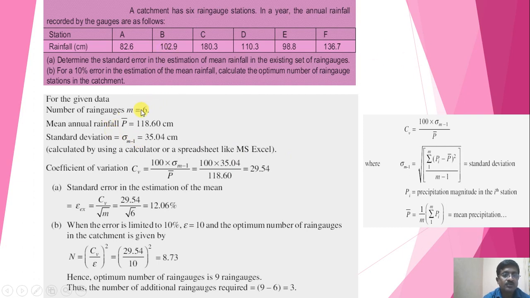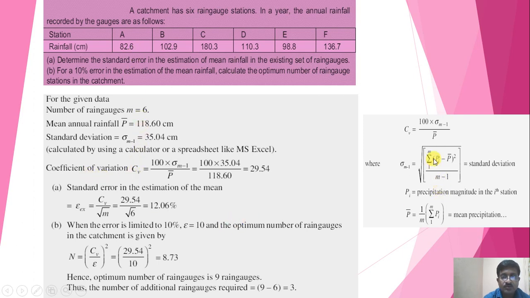Now for this given data, the number of rain gauges is 6, m is equal to 6. Mean annual rainfall p̄ is calculated from the calculator as 118.6. Then, using this formula, the standard deviation σ(m−1) is calculated as 35.04 centimeters. As you can directly calculate using the statistical functions of the calculator, you can find this value.